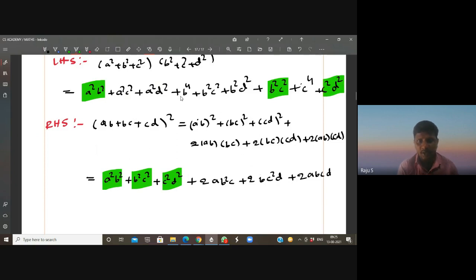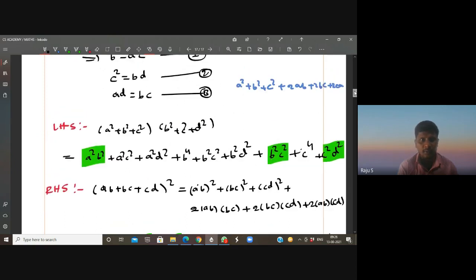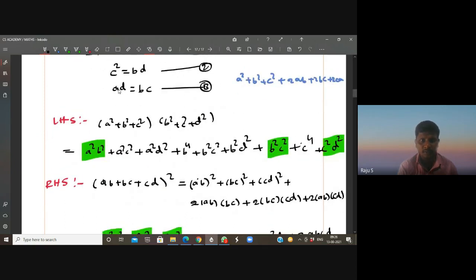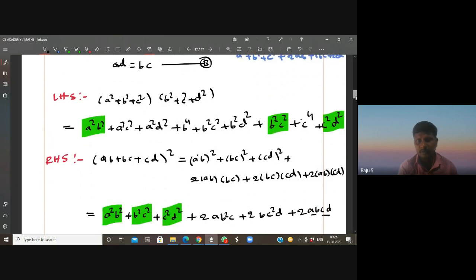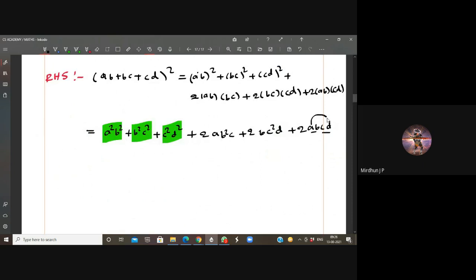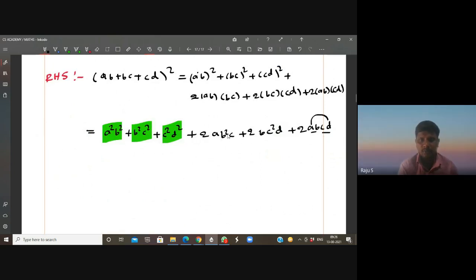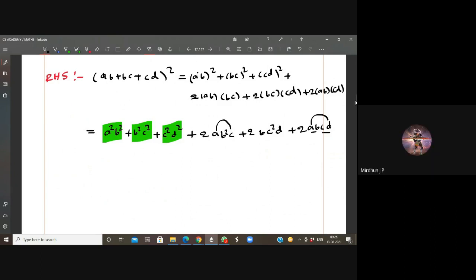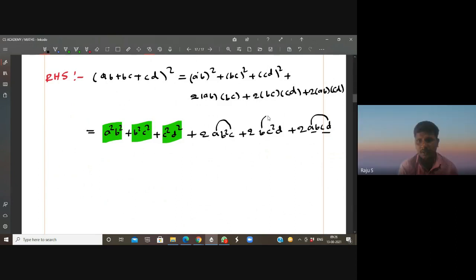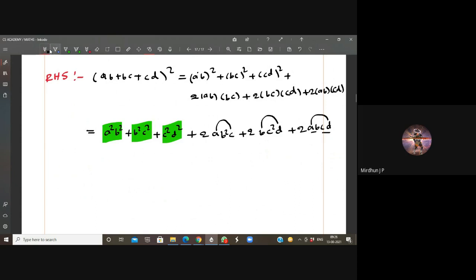Now the remaining values we should equate to prove that it is equal. What about 2 into AB into CD? This can be written by replacing AD with BC, giving 2BC square. So we get 2BC square. What about AC? B square. What about BD? C square.